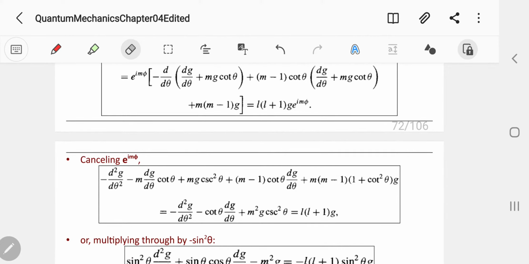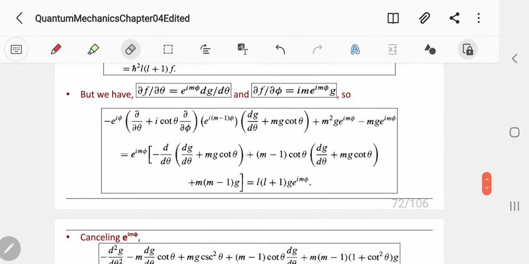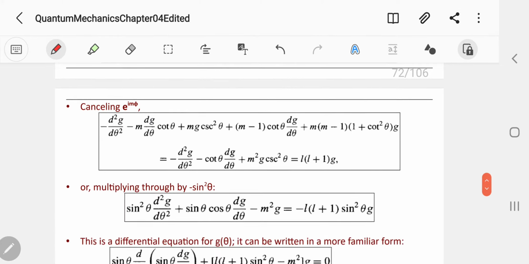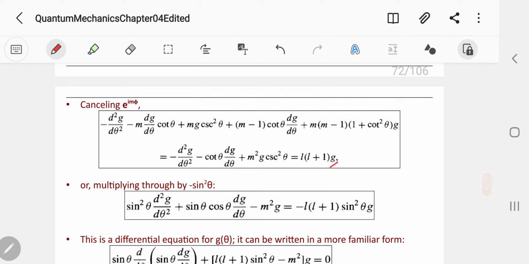So if we cancel the im phi, the e to the im phi here, or if we cancel this one and this one, we will have just this. And if we multiply by sine squared, we will have this one.